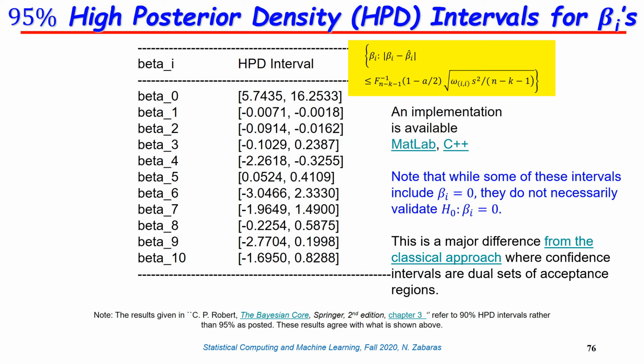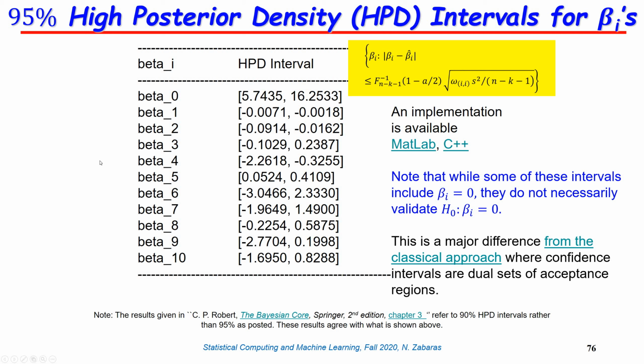So effectively we do not need beta 3 times x3 to be part of our regression model. Unfortunately, you will not be able to do this with HPD regions. Whatever we said in the frequentist setting is basically not quite right in the context of Bayesian analysis.